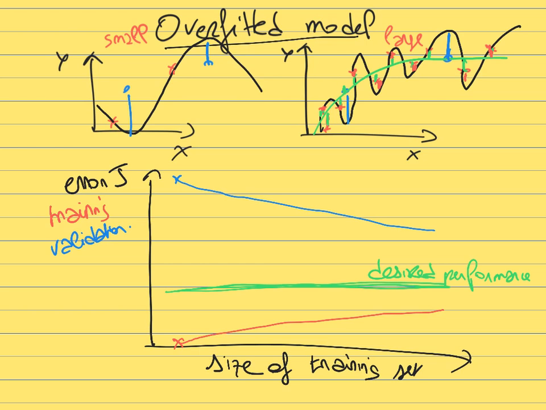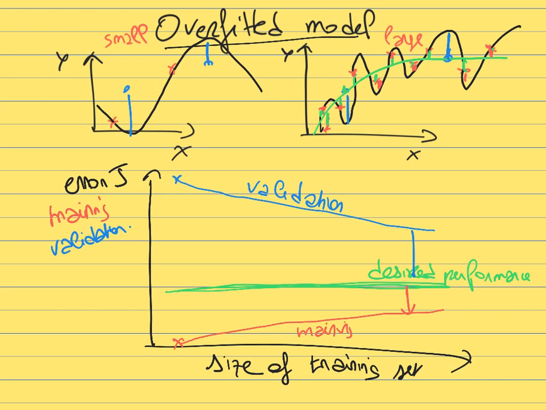So now let's summarize the typical signatures of an overfitted model. The first thing is that if you compare the error for the validation set and the error for the training set to the desired performance that you would like to have, you would find that the error for the training set is smaller than the desired performance.